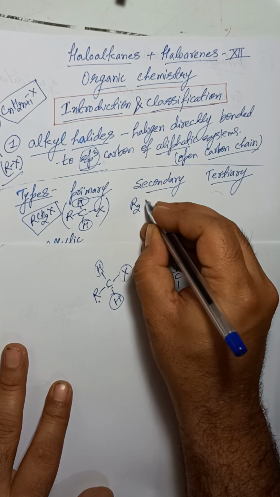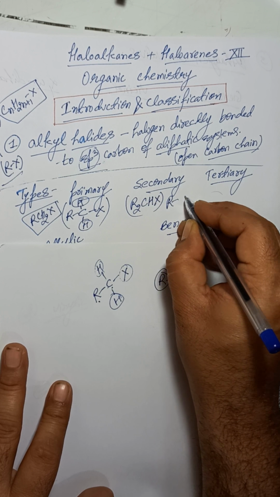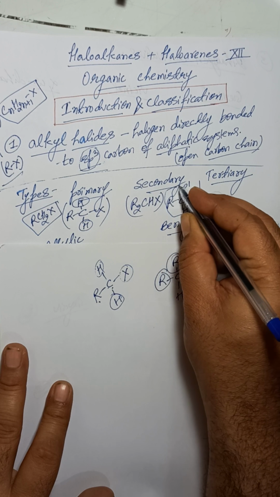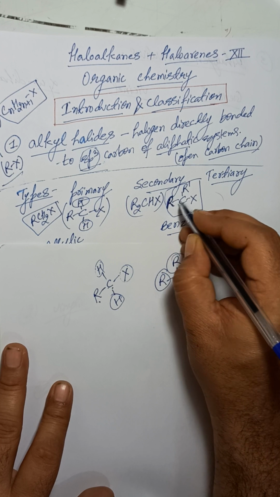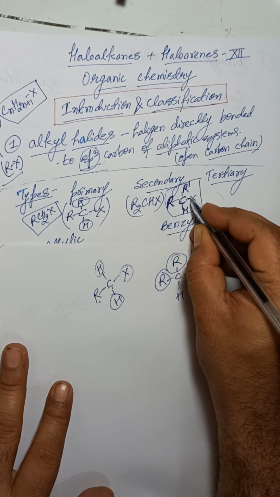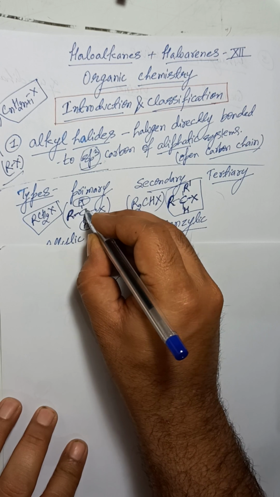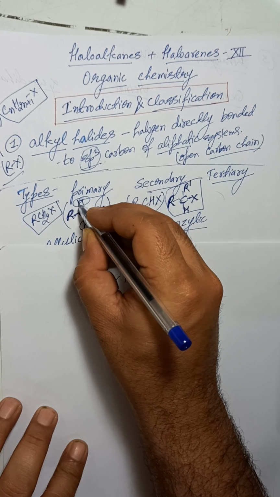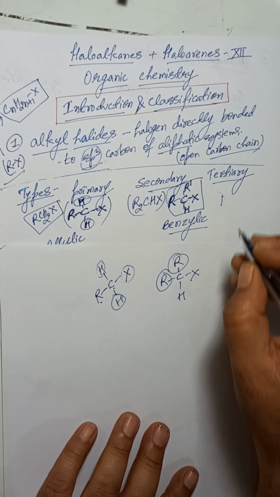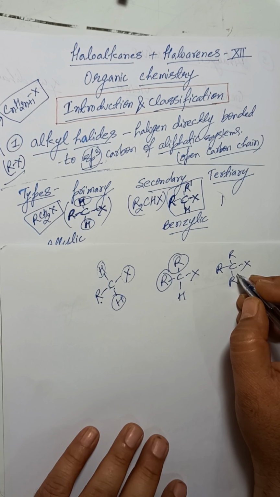So like R2CHX or R, C, R dash, H, X. Tertiary: if this carbon is attached to three alkyl groups, this is 3 degree.